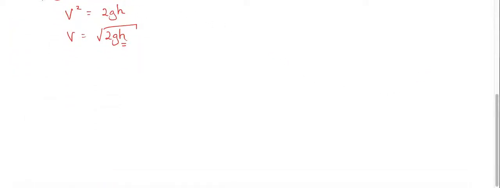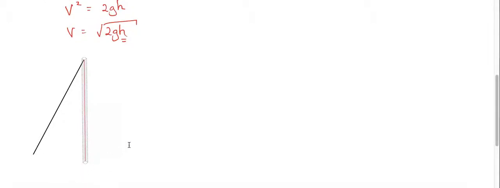So therefore, I need to find out the relationship between h and x. Right? Now, if I were to redraw this diagram, probably here, this is the length of my wire, and then I draw another line, probably the red line, and then from here to here, I think it's somewhere around here, right, for approximation.